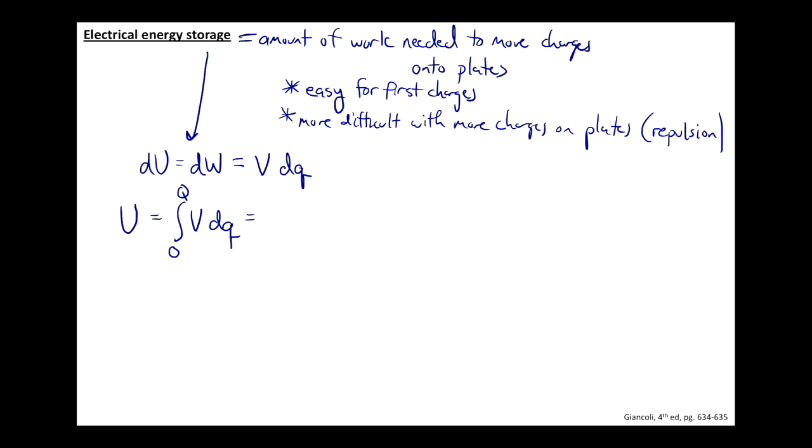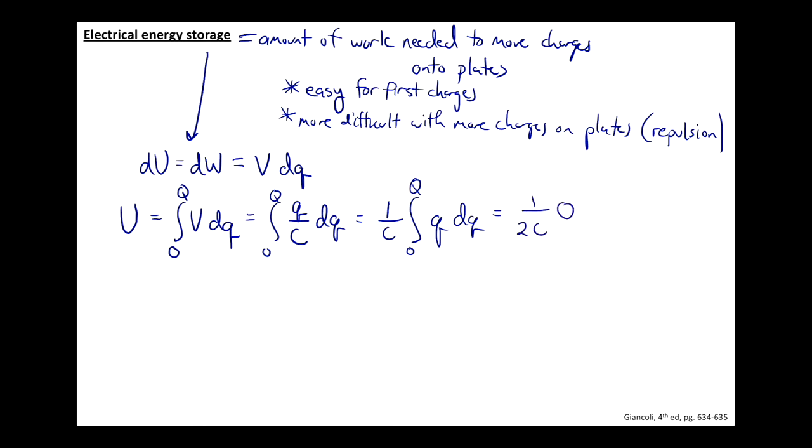So this is the integral from 0 to Q, and V is going to be Q over C, because Q is equal to C times V. So Q over C dQ. And then the capacitance is constant, so now we just have Q dQ, again from 0 to total charge Q. So that's going to give me 1 over 2C Q squared.